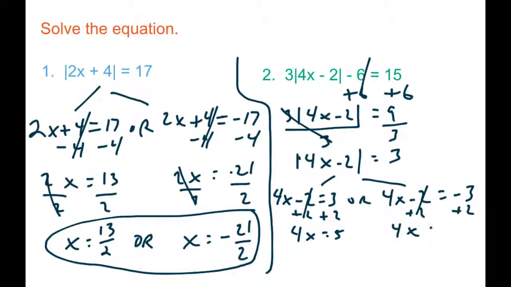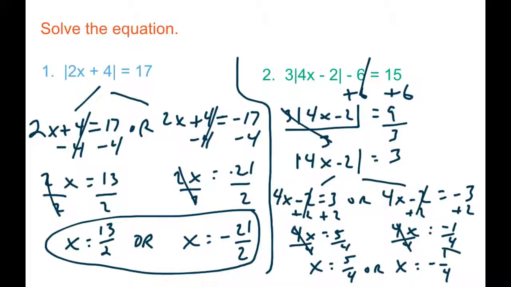That cancels. 4x equals negative 1. Divide by 4. x equals 5/4, or x equals negative 1/4. Alright, there you go.